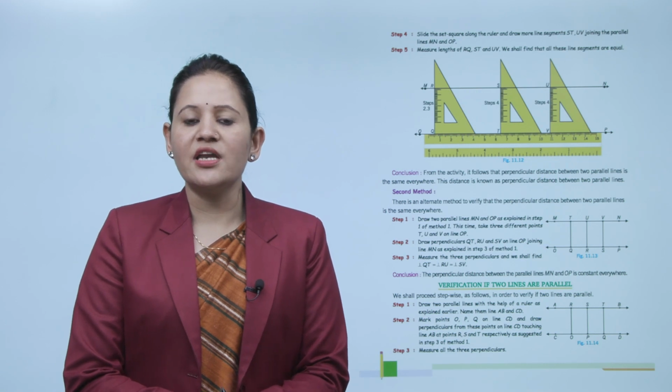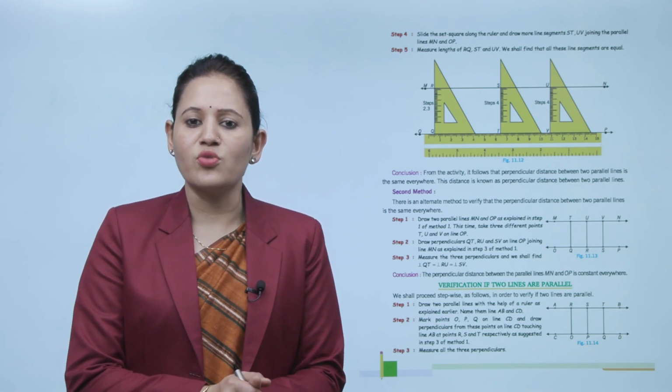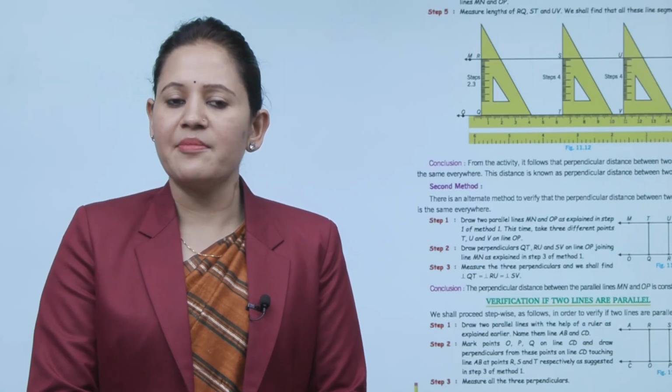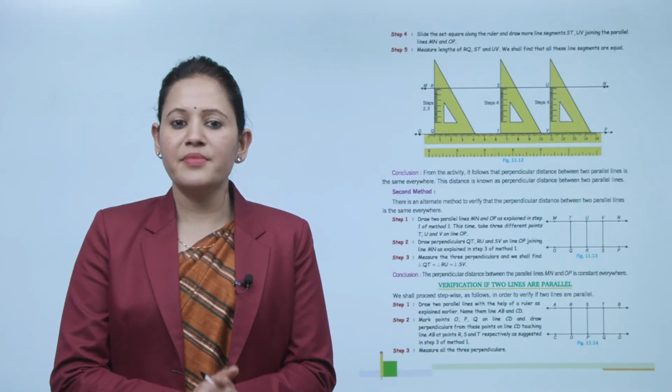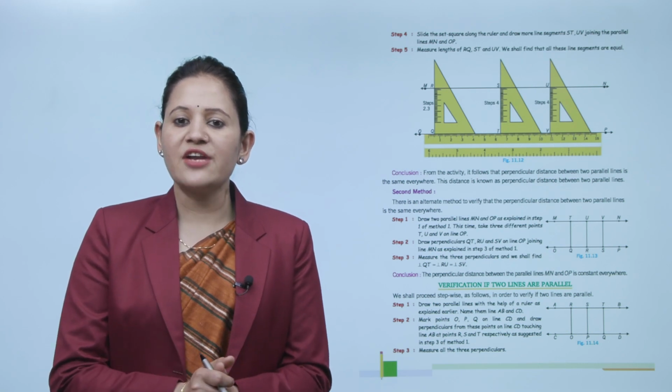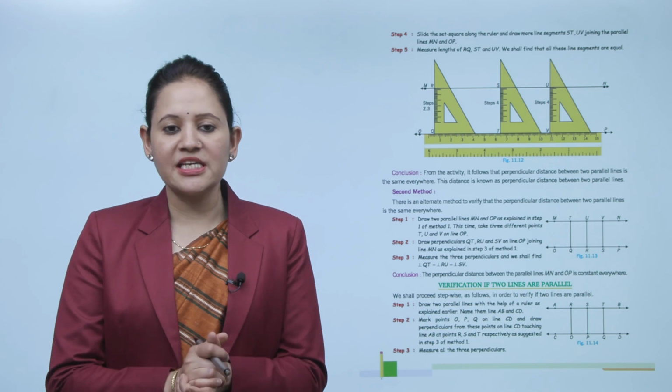Slide the set square along the ruler and draw more line segments ST and UV joining the parallel lines MN and OP. Step 5: Measure the lengths of RQ, ST and UV. We shall find that all these line segments are equal.